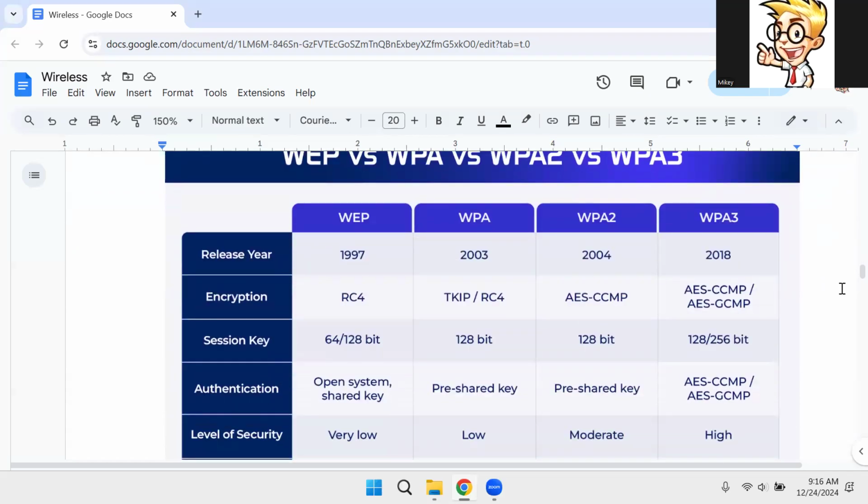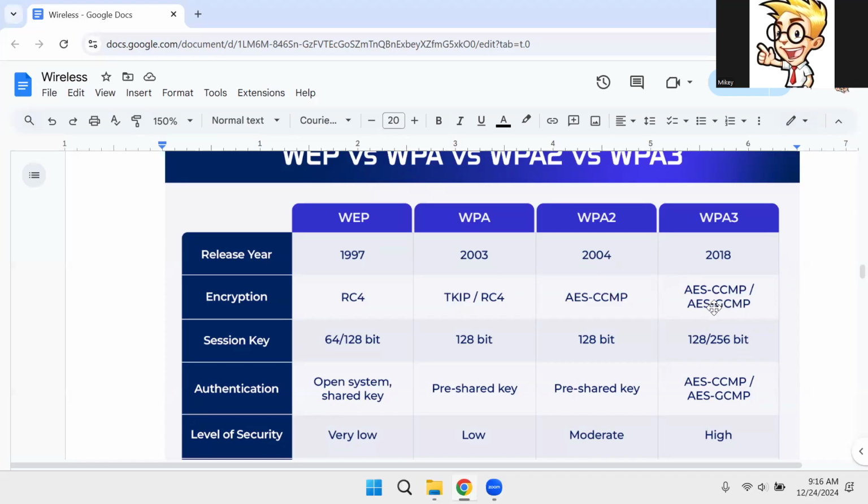So I wanted to look at this graph to know the encryption types and to know the key size as well. For the older ones, they're using RC4 or the temporal key integrity protocol. And then here you have the advanced encryption standard, CCMP or GCMP.